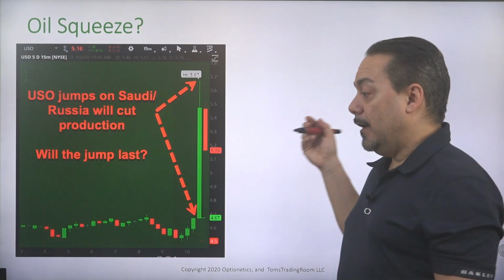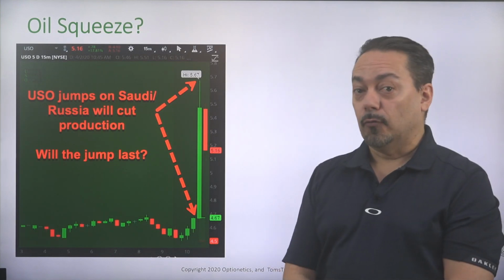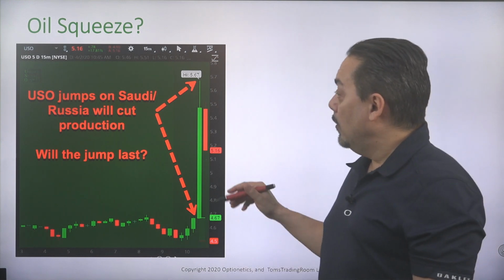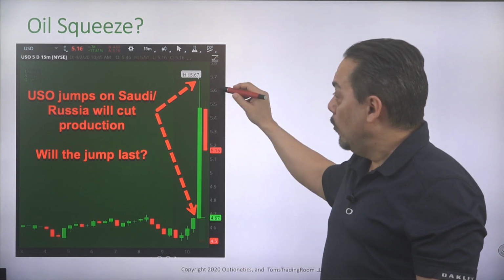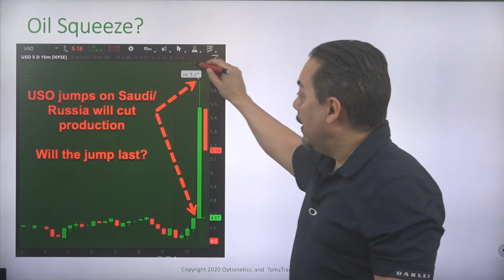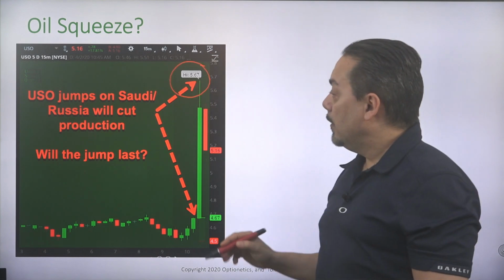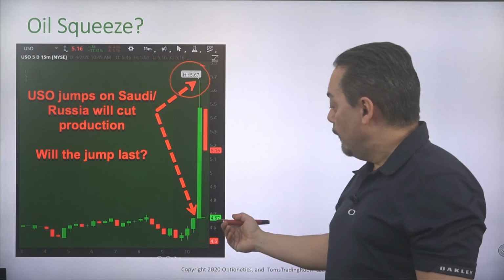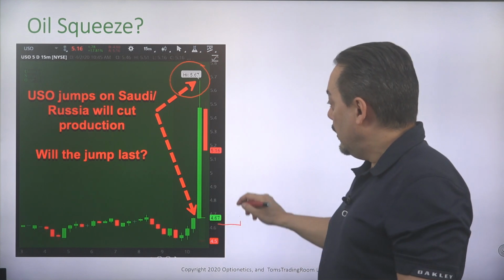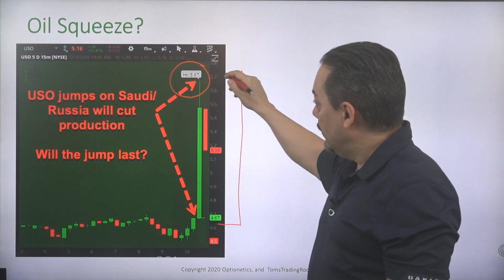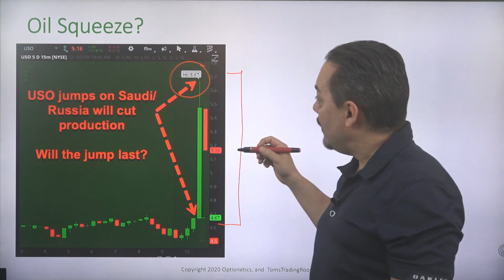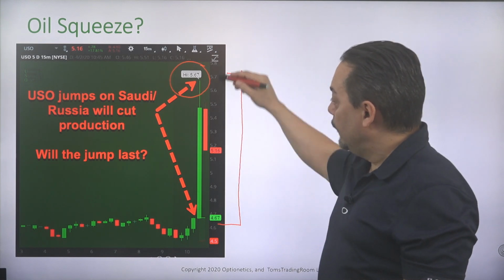And then finally, the oil squeeze, and this is what we're going to talk about today. The USO and oil in general jumped on that Saudi-Russia news saying they're going to cut production. We went from 4.67 on USO, and within 10 minutes, we were trading at 5.67. That's a full point up.